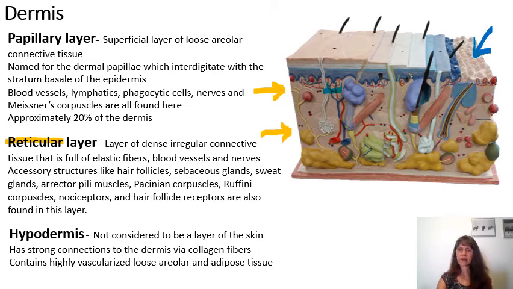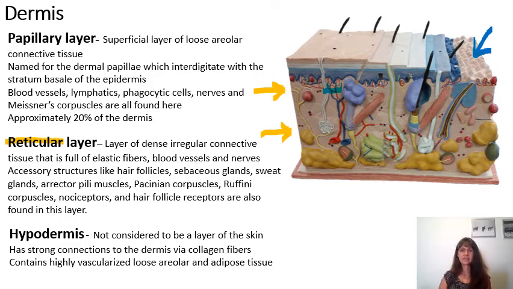So the reticular layer of the dermis is going to consist of dense, irregular connective tissue that's full of elastic fibers, blood vessels, nerves, and accessory structures for the integument, which includes things like hair follicles, sebaceous glands, sweat glands, the erector pili muscles, Pacinian corpuscles, Ruffini corpuscles, nociceptors, which are going to transmit information for pain when tissue damage occurs, as well as hair follicle receptors will be found in the reticular layer.